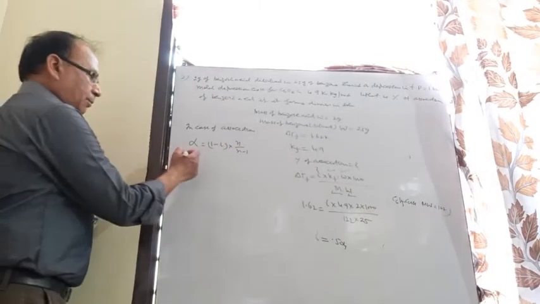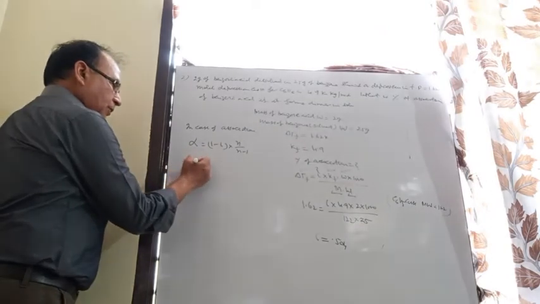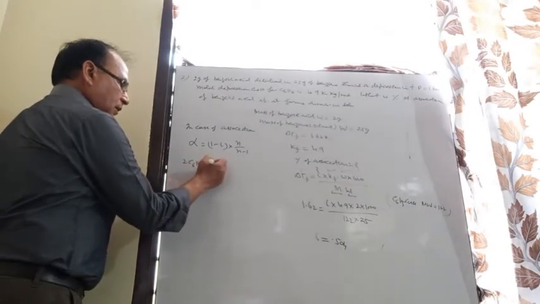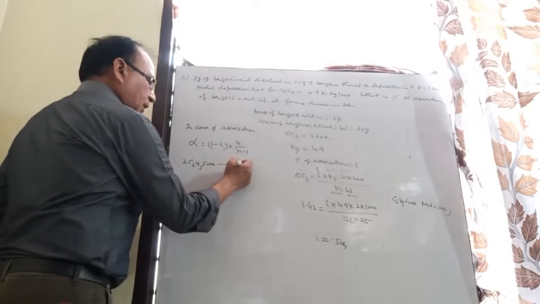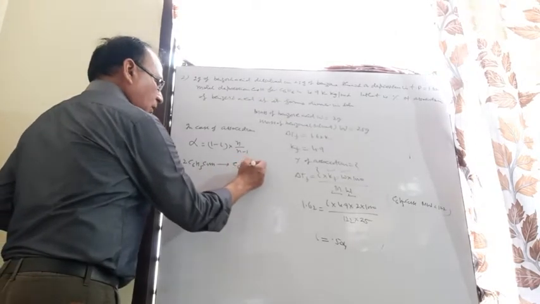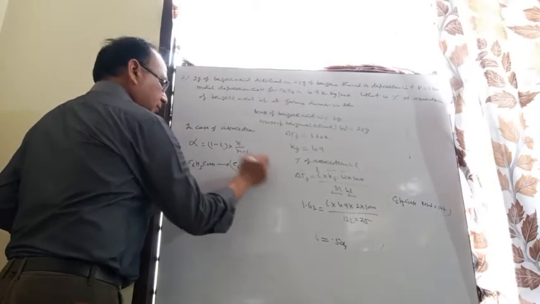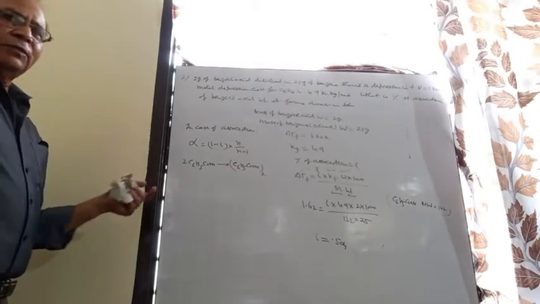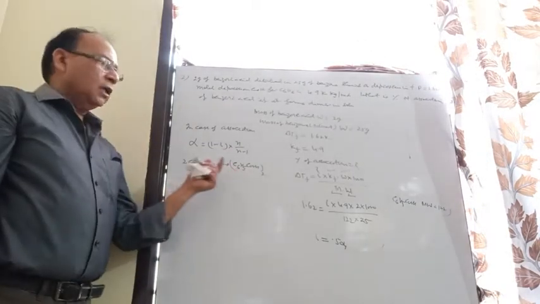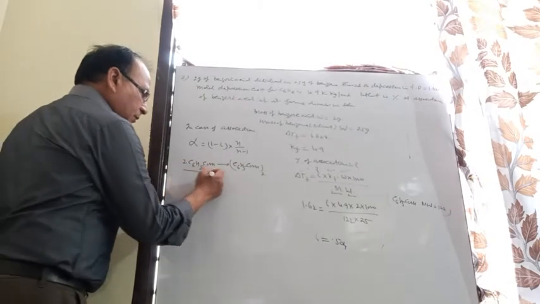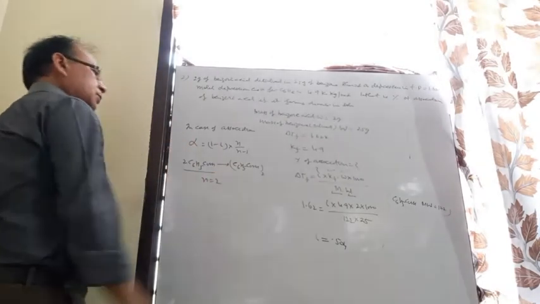In case of benzoic acid, 2 moles of benzoic acid are associating together to give 1 dimer. Dimer means the 2 moles are combining together, so n value will be taken as 2.